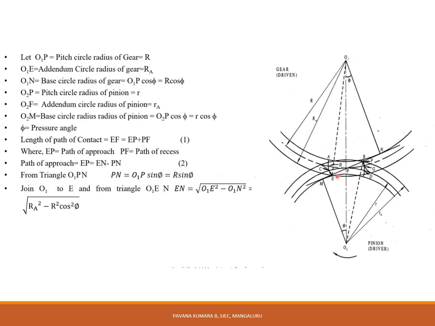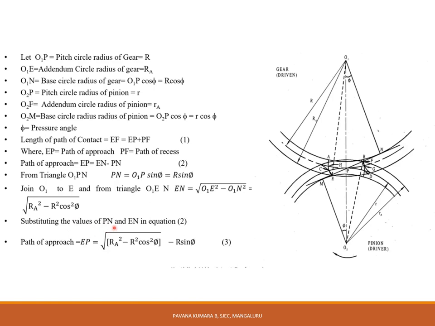As per the right angle triangle O1EN, O1N square plus EN square is equal to O1E square. From that expression we can write EN is equal to the square root of O1E square minus O1N square, and you will get this expression.